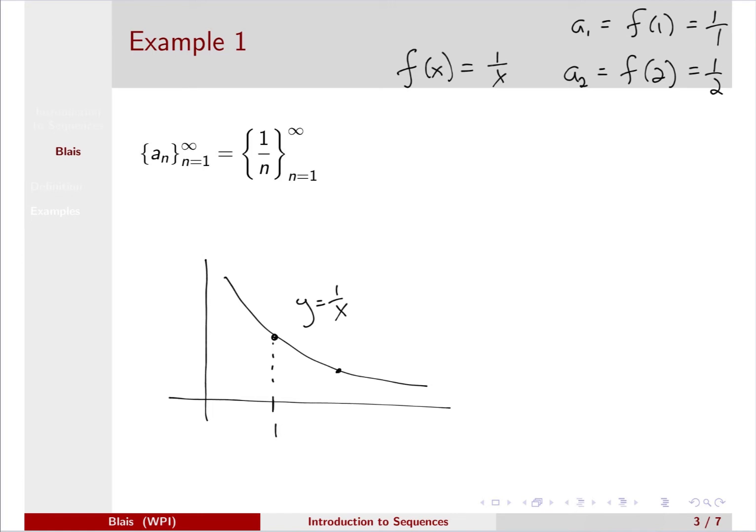If we look at the values when we plug in integers, we get 1, 1/2, 1/3. So these values are coming from the function 1 over x. You can think of the sequence as being tethered to it.